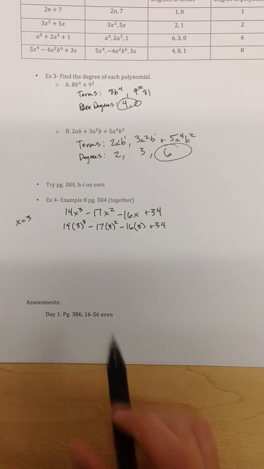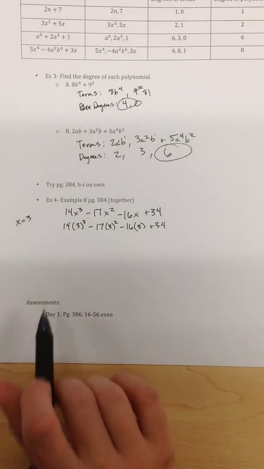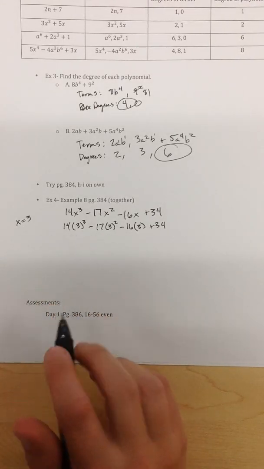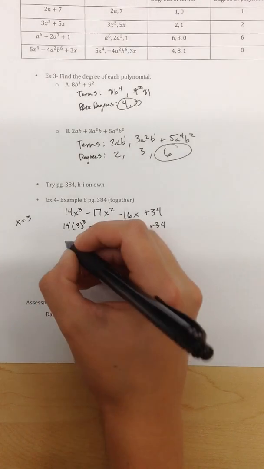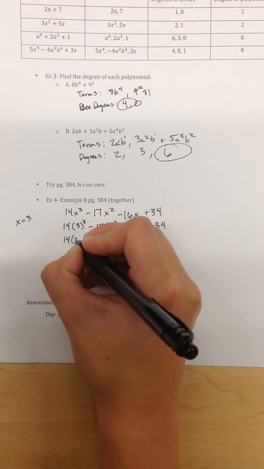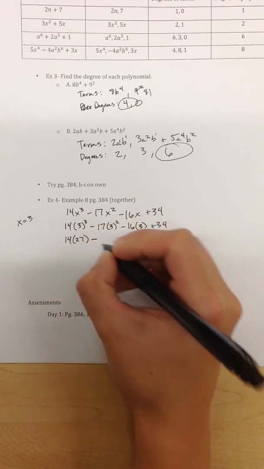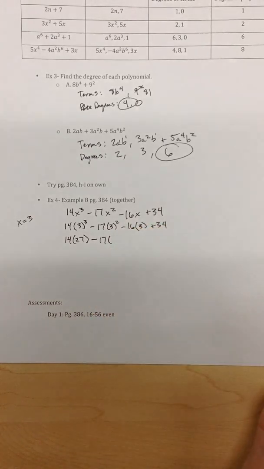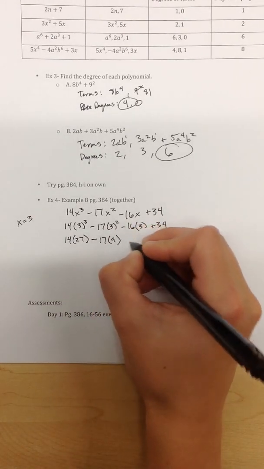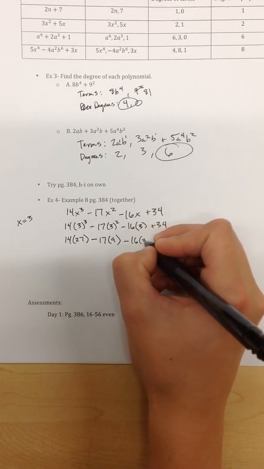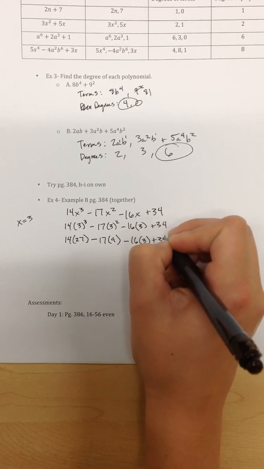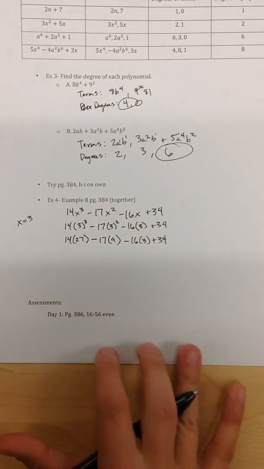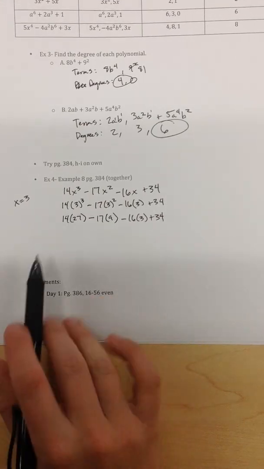So the first thing I would probably do here is take care of my to the third and squared. If I take 3 to the third, that's 27. So I'll have 14 times 27 minus, and then 17 times 3 squared is 9, minus 16 times 3 plus 34. Then the next thing I would probably do is go through and figure out all of my multiplications.